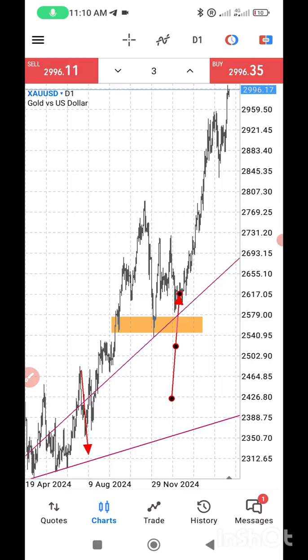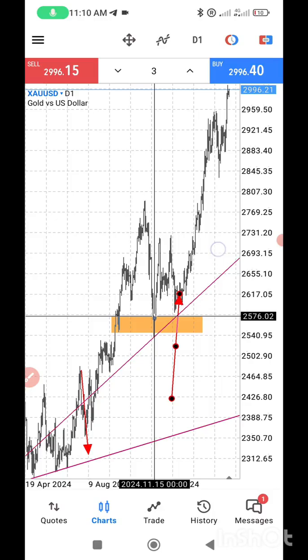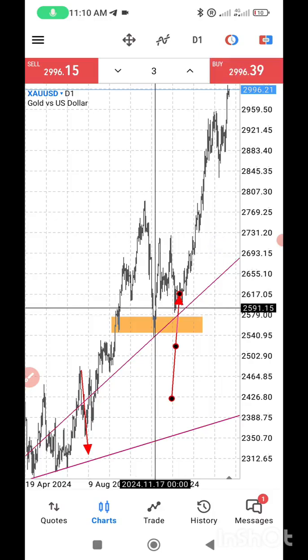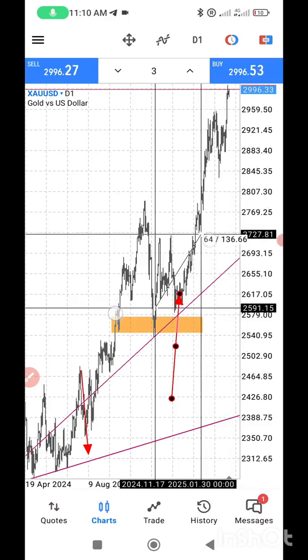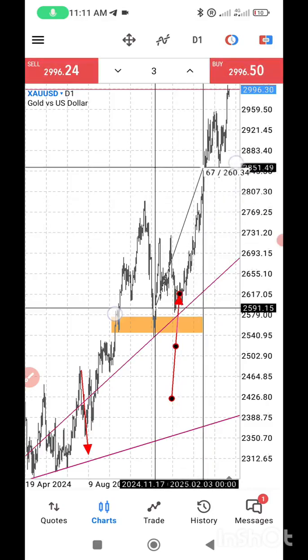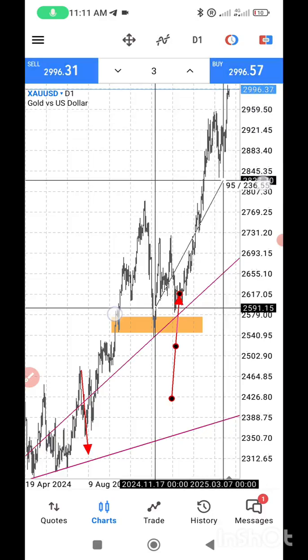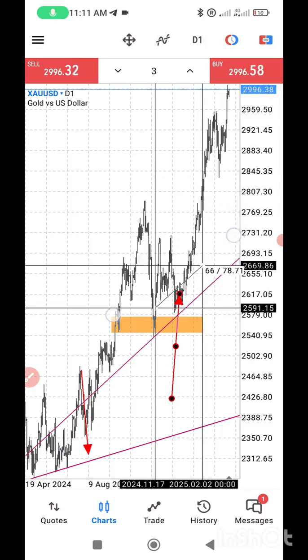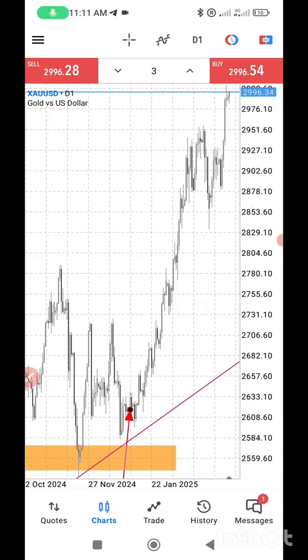Being a positioner or swing trader is better, because if you enter this trade with a $50 account here, as the market breaks level in this part, especially when it breaks out of this session and pushes up and then clears this, you can pile up more positions, or even as it's going along this path and breaking level, because when they break this level, they don't return back, right?